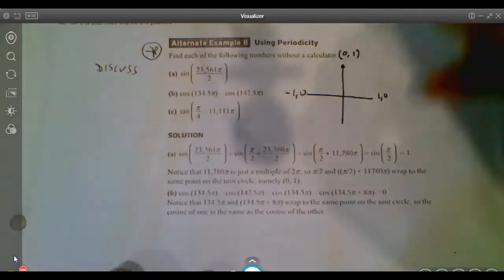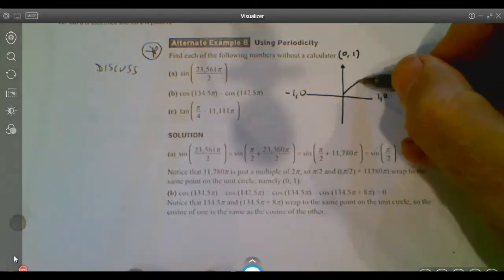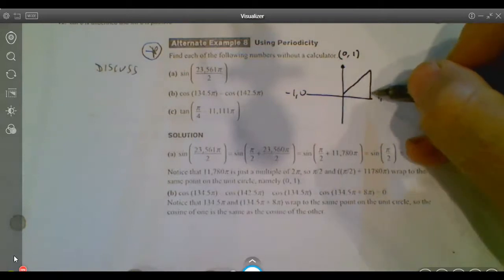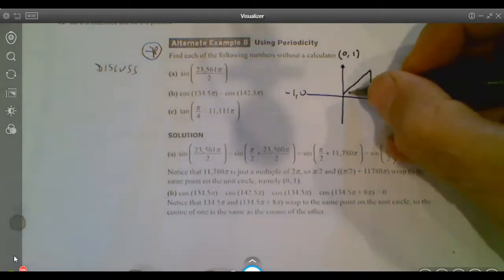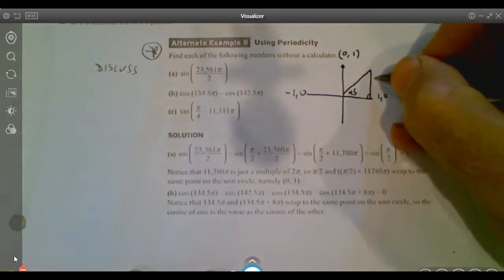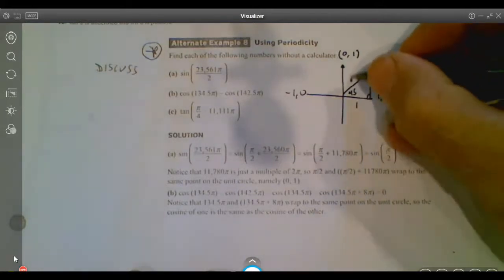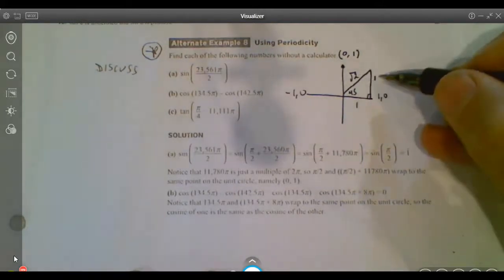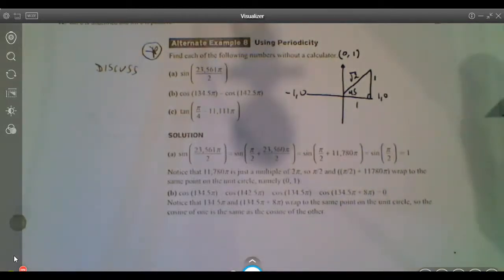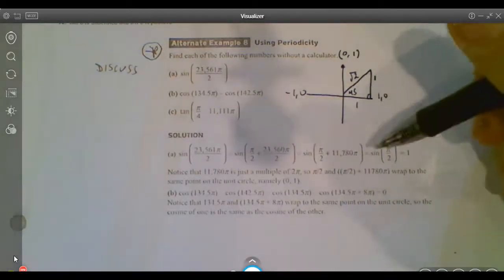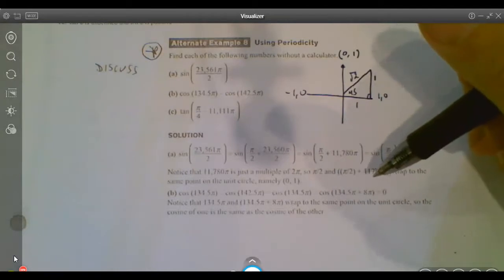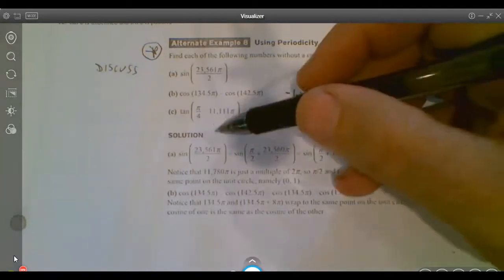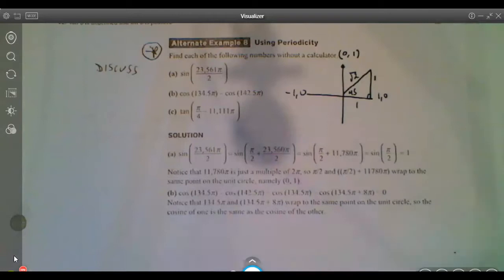Pi over 4, which is 45 degrees, would be our reference angle. Remember the pattern on 45-45-90s is 1, 1, root 2. So tangent would just be opposite over adjacent, which is 1. And again, all these are about putting them into terms that we can work with, or getting rid of what's not needed to put it back within one basic circle.